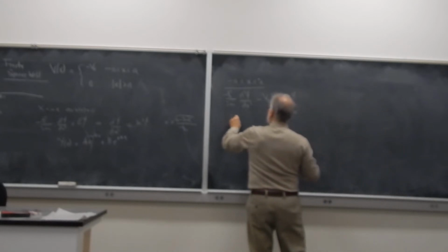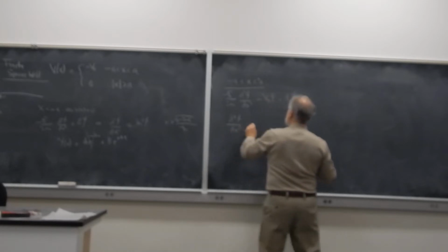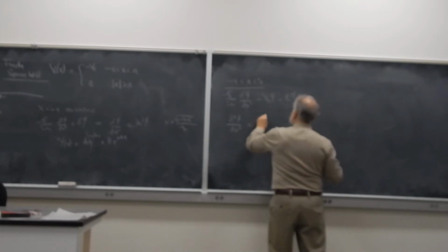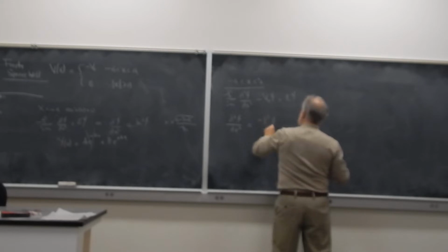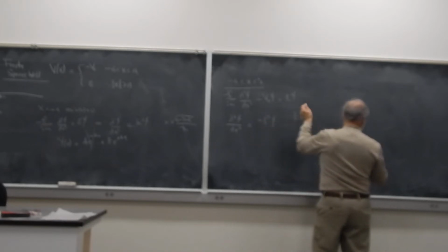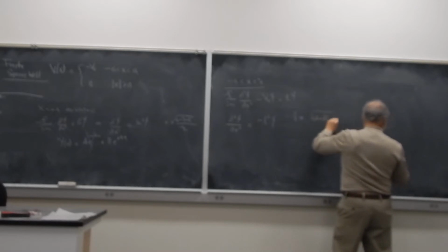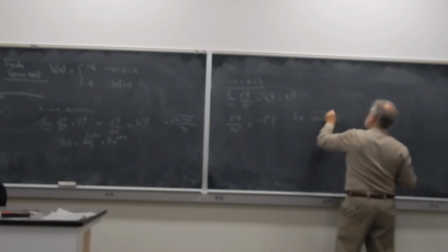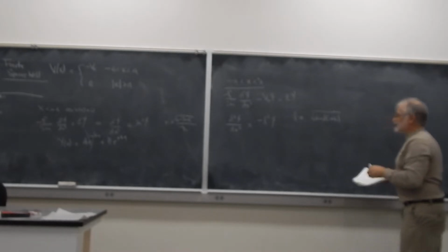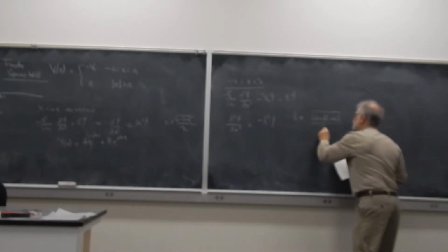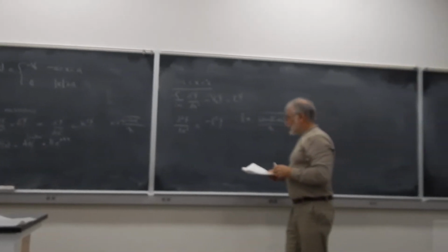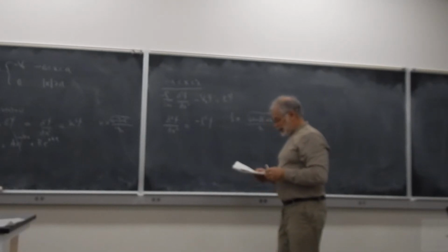I'm going to rewrite my equation: the second derivative of psi with respect to x is equal to minus little l squared psi, where I define little l as the square root of 2m times E plus V0, divided by h bar. It just makes it look a little bit nicer. l is going to be real and positive.